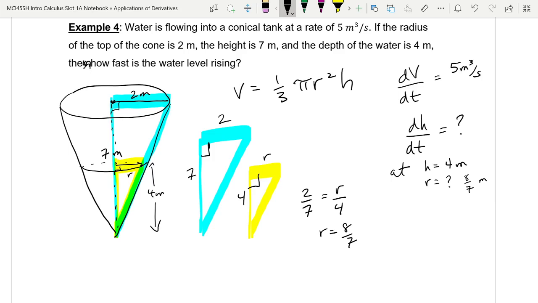Just as important, though, since I am told that the water is flowing into the tank at a constant rate, this proportionality would be the same for any water level.